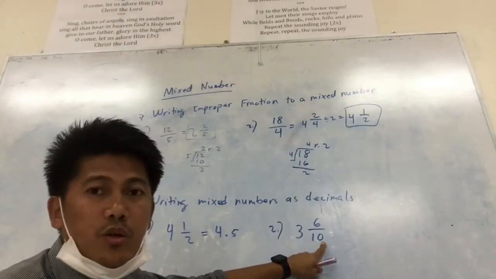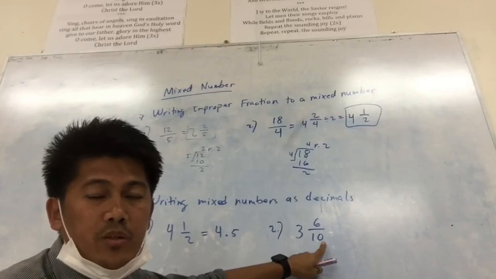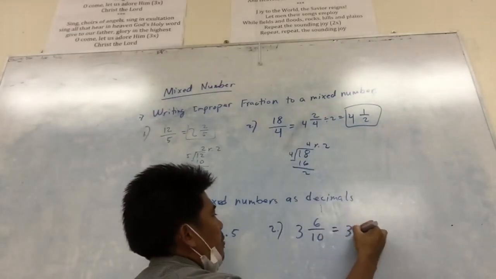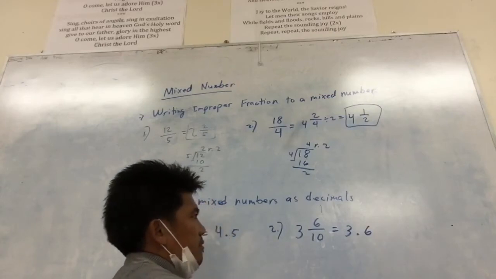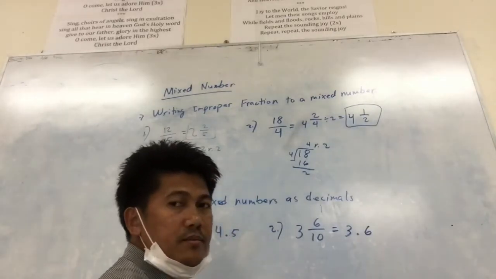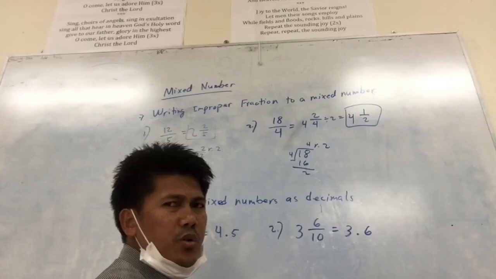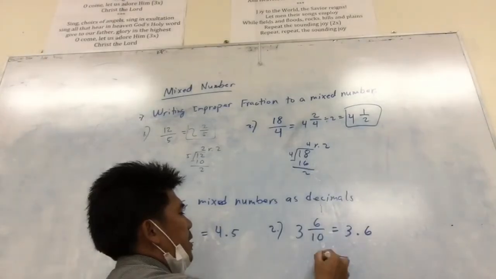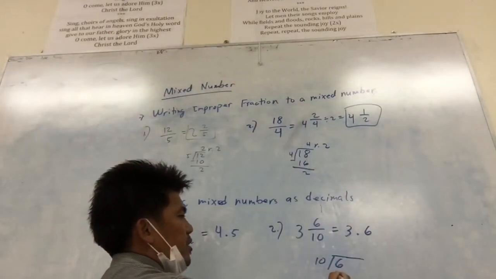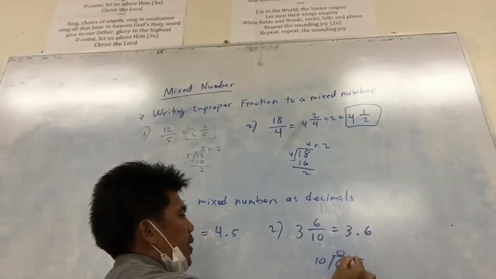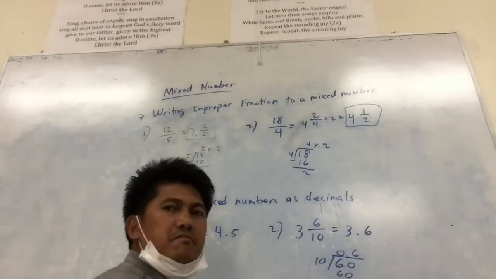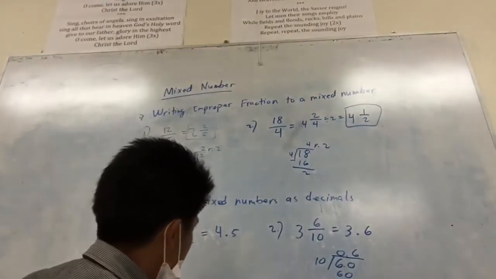In this case, there's only one 0, so you just move the decimal to the left one time. So this is 3.6. If you want to solve, 6 divided by 10, add 0, 60 divided by 10 is 6. Same.